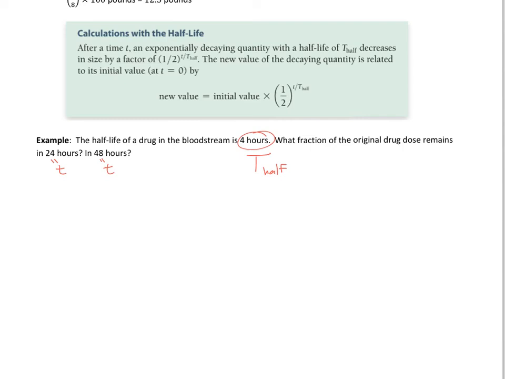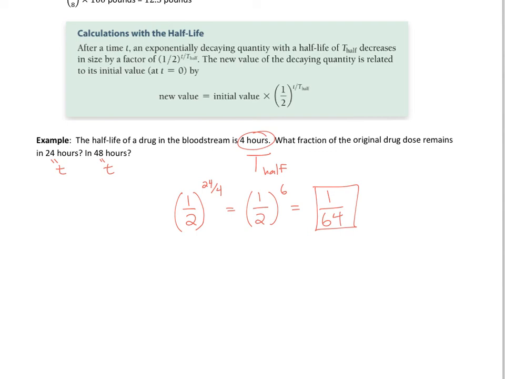So we take 1/2 to the power of 24 divided by 4, and this will give us the fraction of the original dose remaining. This would be 1/2 to the 6th power, which is 1/64. So you would have 1/64th of the original drug in your bloodstream.